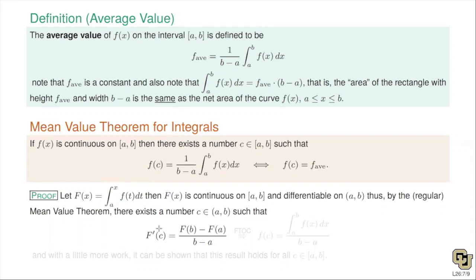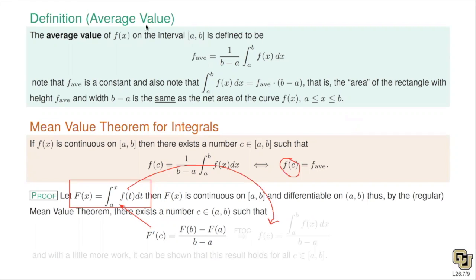But capital F prime of c is exactly little f of c because of the way capital F is defined. Because of our fundamental theorem, we're taking the derivative of an integral, so I get back little f of c on the left side.